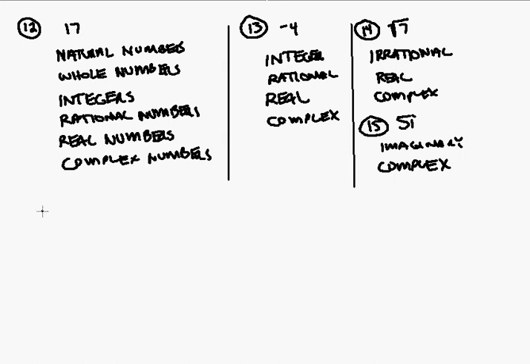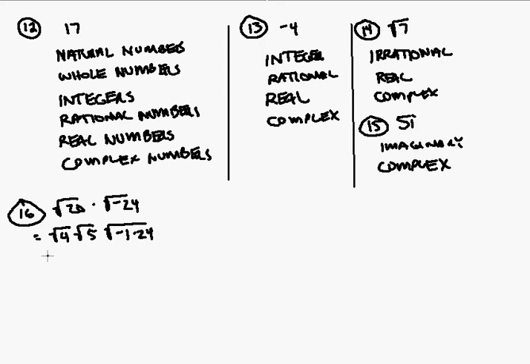Going to 16, simplify each expression. Number 16. Here you're given the square root of 20 times the square root of -24. This turns into square root of 4 times the square root of 5 times the square root of -1 times 24, which is equal to 2 square root of 5 square root of -1 square root of 4 square root of 6.